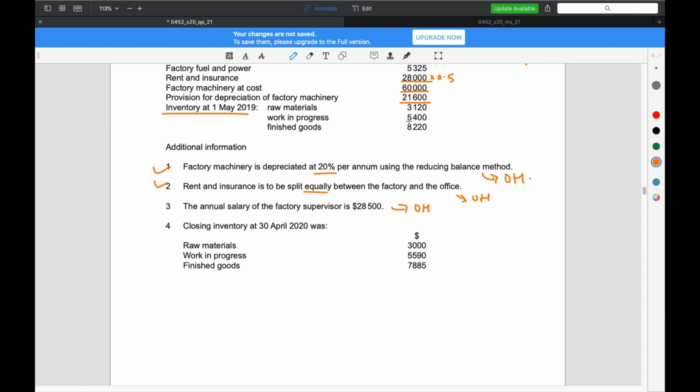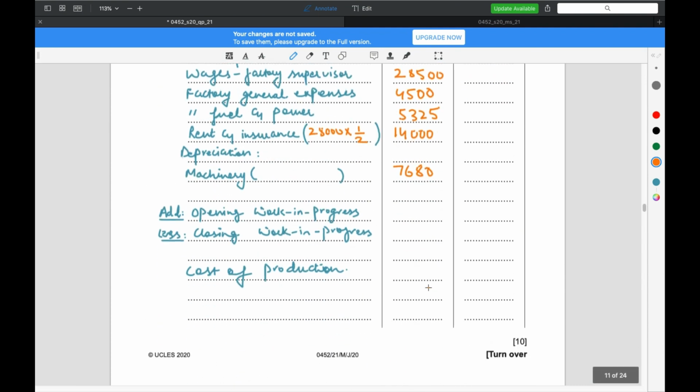So we're going to add the $5,400 for the opening work in progress, and then we're going to deduct the work in progress at the closing date, because we didn't complete them. So let's just add them. Add opening work in progress, which is 5,400, and then decrease the closing work in progress, which is 5,590.